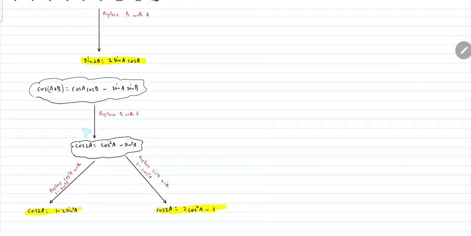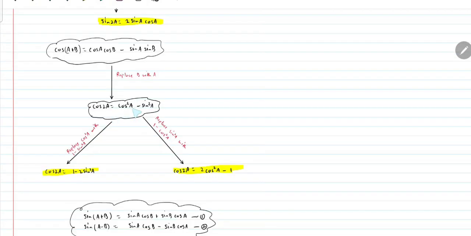Replace the b with the a, and you can get back the double angle formula. Once you have this formula here, sometimes they want it with exclusively cos or exclusively sine. You can replace the cos square a with 1 minus sine square a, and you end up with this identity. Replace the sine square a with 1 minus cos square a, you end up with this identity.